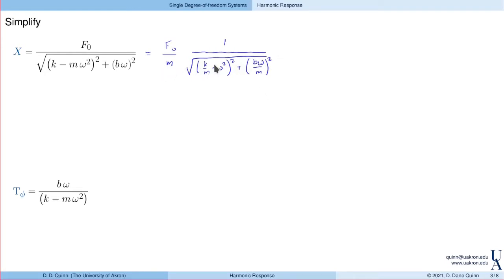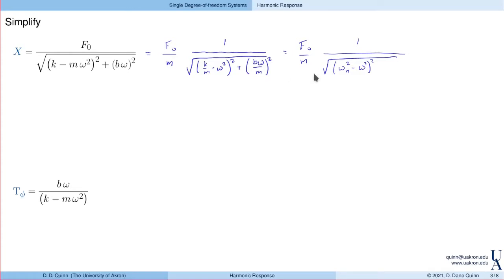Now, if you notice, we see some familiar quantities. This k over m, for example, is the natural frequency. And b over m, we've actually seen that before as well. So if I describe this relationship in terms of the natural frequency and damping ratio, we end up with the following. Again, we have F naught over m that we've factored out, and then 1 divided by the square root. k over m is the natural frequency squared, so that's omega n squared, minus omega squared.